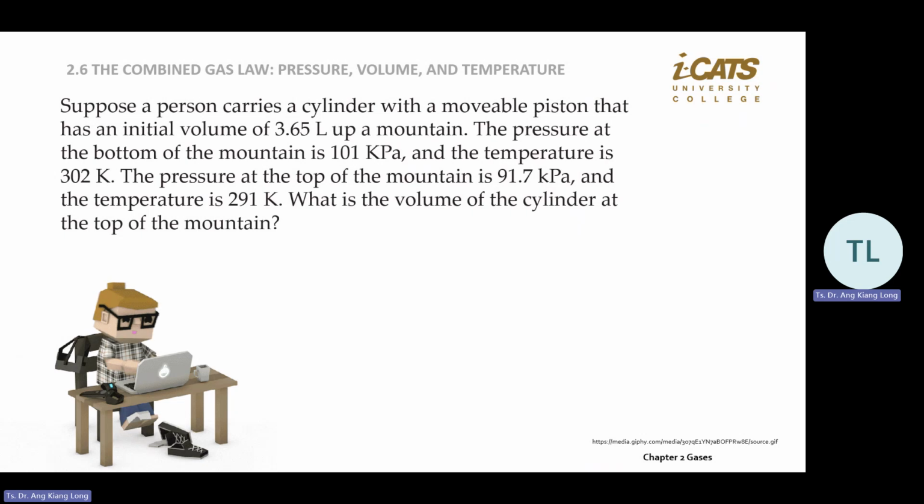What is the volume of the cylinder at the top of the mountain? So here we basically play with P, V, and T. One is missing, which is V2. So you use the combined gas law and substitute the values. In your answer, you need to write what P1 equals, what P2 equals, what V1 equals, what T1 equals. Then you substitute.